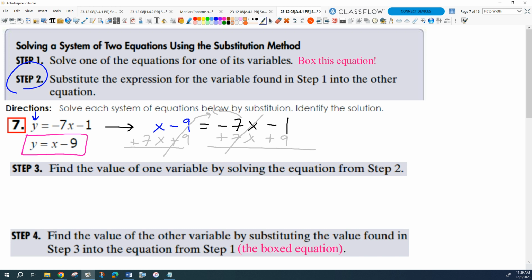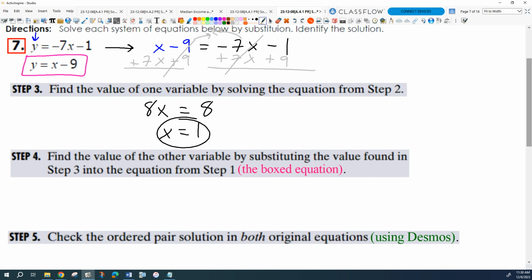And what do we end up with? Okay, we end up with x plus 7x is 8x equals 8, which is easy to solve. What's x? 1. Okay. X equals 1.